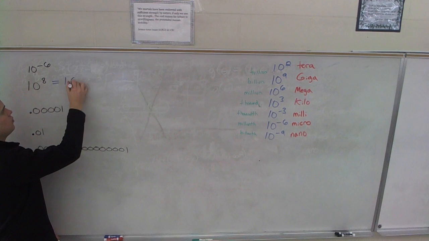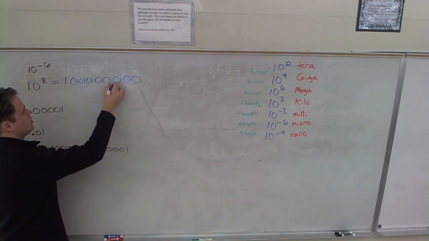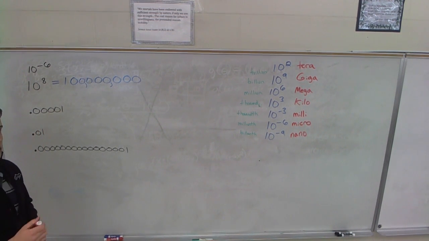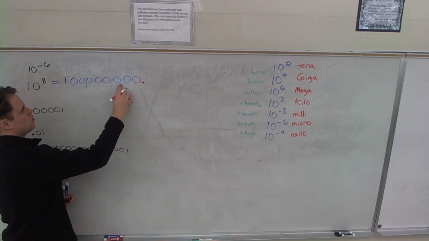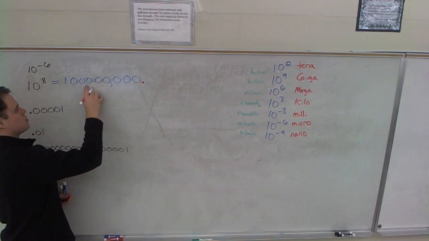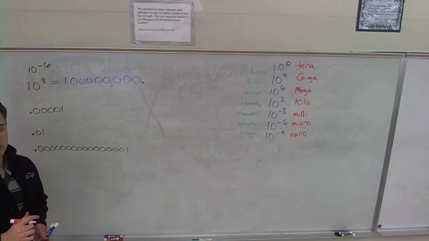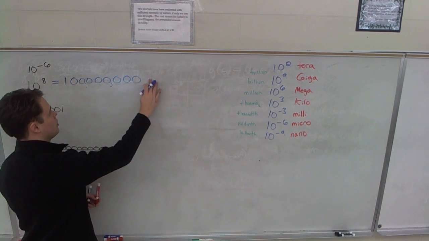So I go 1, 1, 2, 3, 4, 5, 6, 7, 8, and I can put it in there. Now if you want to check this the more traditional way, you can start with, here's the decimal place, and you go 1, 2, 3, 4, 5, 6, 7, 8, and there you have it. It definitely works. So I highly recommend being flexible with this and checking it multiple ways.